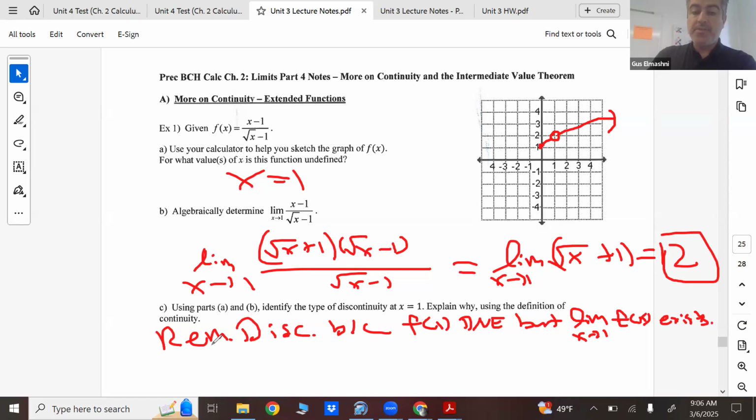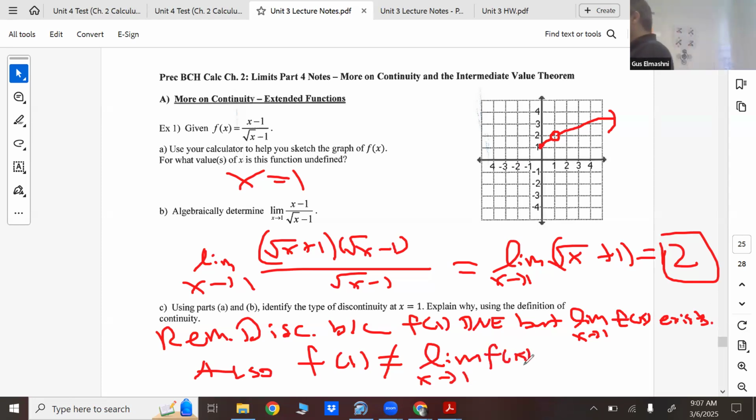Also, f(1) does not equal the limit, because f(1) did not exist in the first place, right? So when the limit exists, but there's not a point there, then the point got removed, right? That's why it's removable. Or it could be floating somewhere if you had a piecewise function.